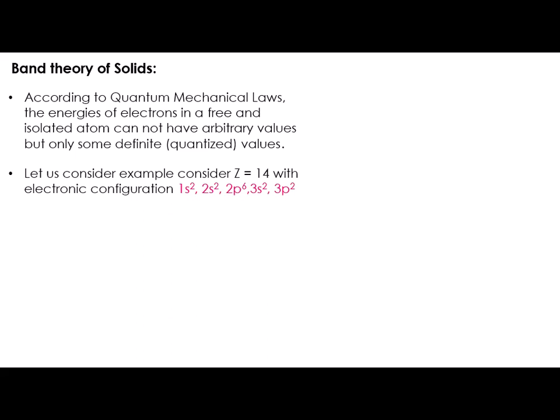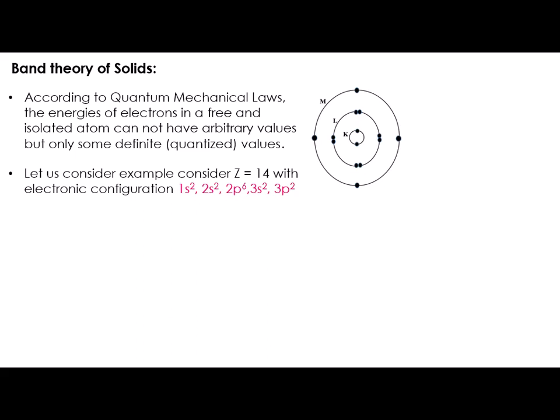In this electronic configuration, there will be 3 shells, n equals 3. That means there will be a K shell, an L shell and an M shell. The K shell consists of one subshell, called S. The L shell consists of 2 subshells, one called S and one called P, and M also consists of 2 subshells, one called S and one called P.